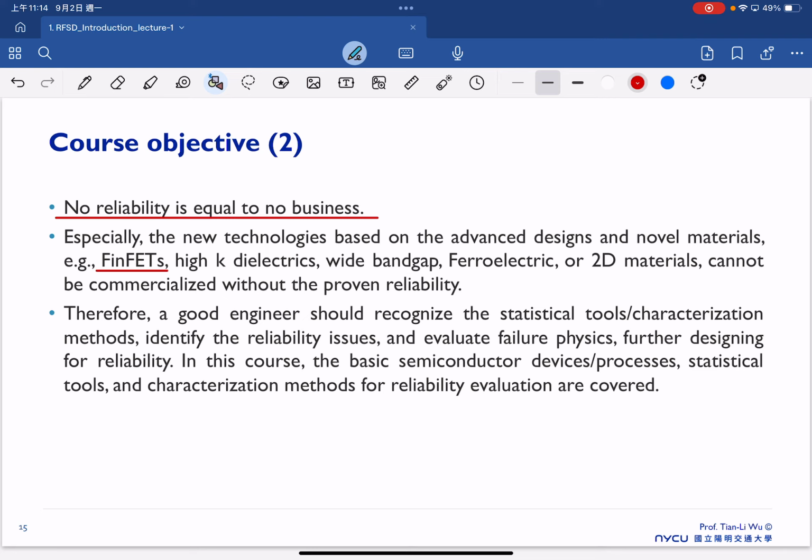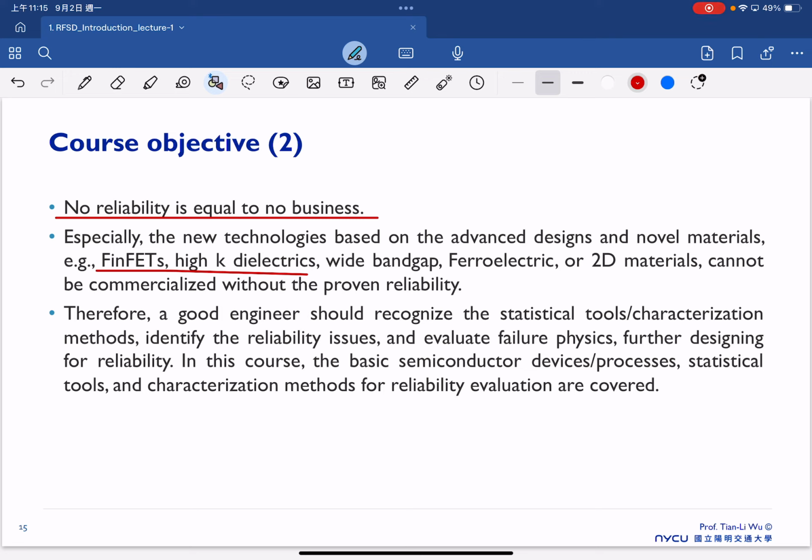That actually will create some additional reliability issues. So there are still lots of people working on FinFET reliability. And also for the high-K dielectric, we have so many new materials. Traditionally, we use hafnium oxide, aluminum oxide, but now we have zirconium oxide, and lots of new materials. And all these new materials will suffer new reliability issues.